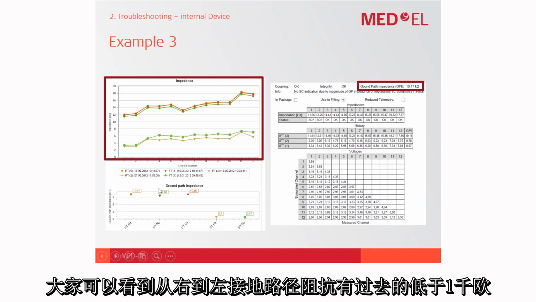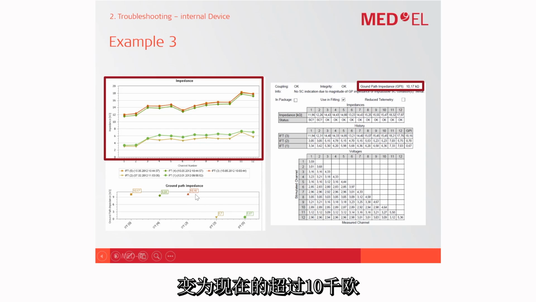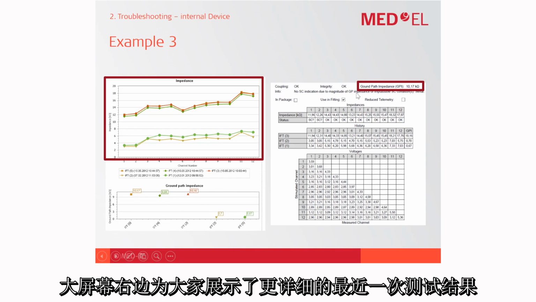You also can see here that the ground path impedance used to be within normal limits below 1 kilo ohm, and now it seems to consistently return values above or around 10 kilo ohms.